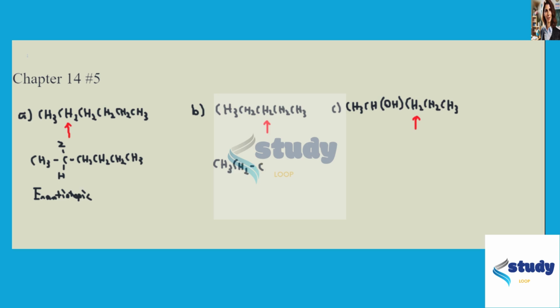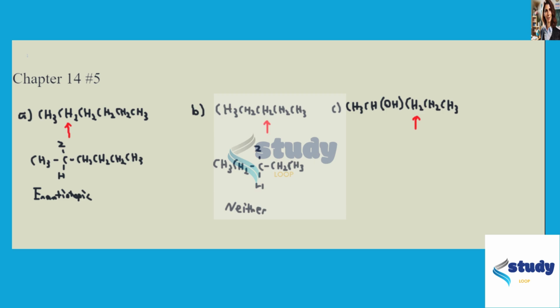So here's the carbon, there's our Z, here's our H, but then over here is another CH2, CH3. Even if we change one of these protons to a Z, we're not getting enantiomers or diastereomers here. And so B is going to be neither.